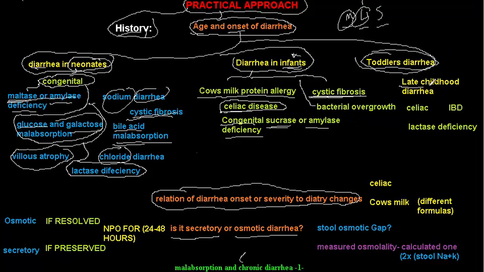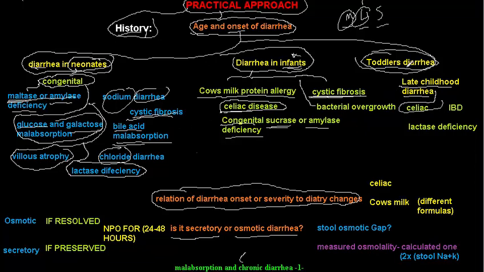In late childhood, diarrhea may be due to celiac disease. Here we start to get away from the congenital causes like maltase, sucrase, lactase deficiency, cystic fibrosis and other things.